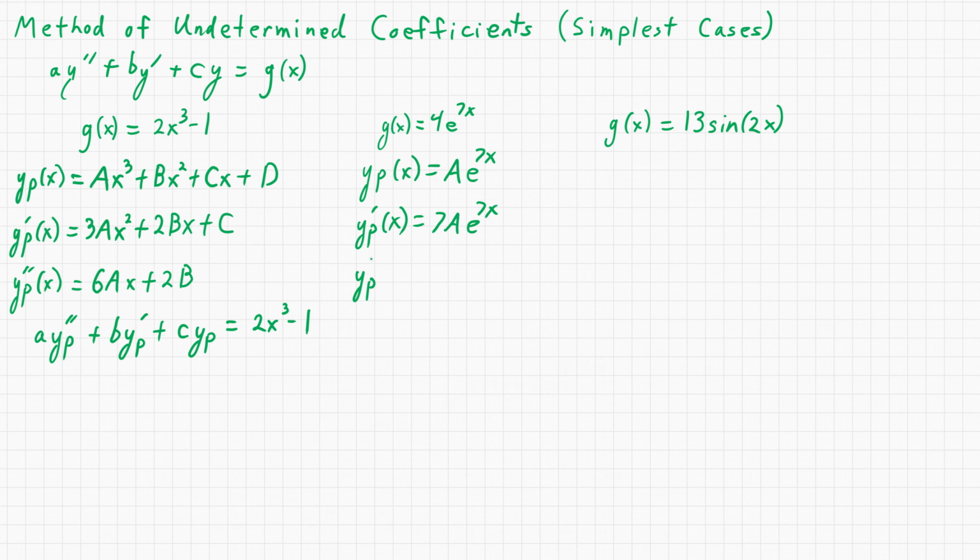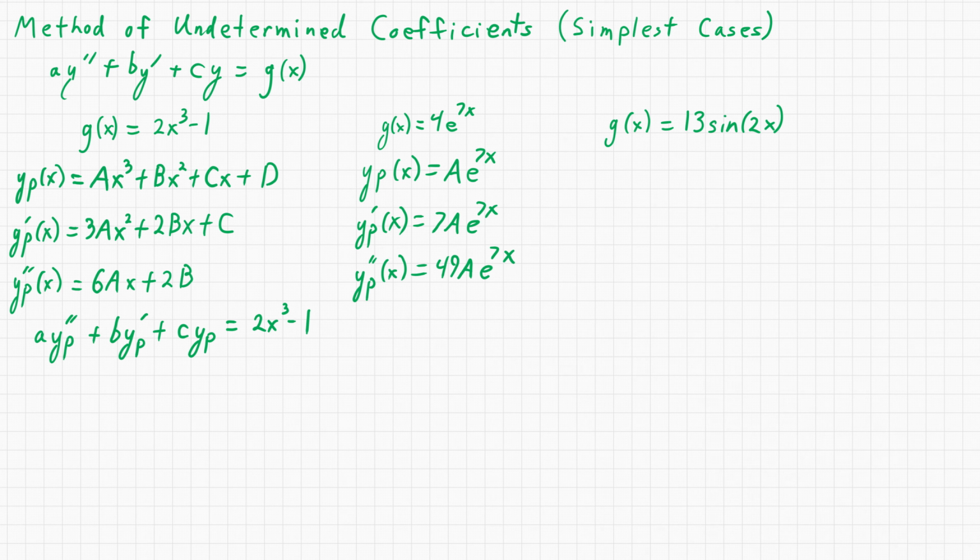If you do y particular double prime of x, that's going to be 49A e to the 7x. And so if we add together a multiple of y particular and a constant multiple times y particular prime and another constant times y particular double prime, it's going to be some number times A times e to the 7x, and we have to get that to equal 4 e to the 7x on the right-hand side. It's plausible we can pick this capital A in order to do that.